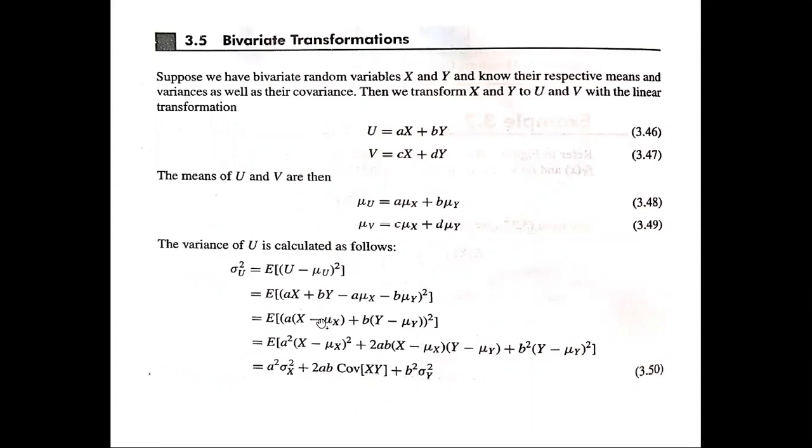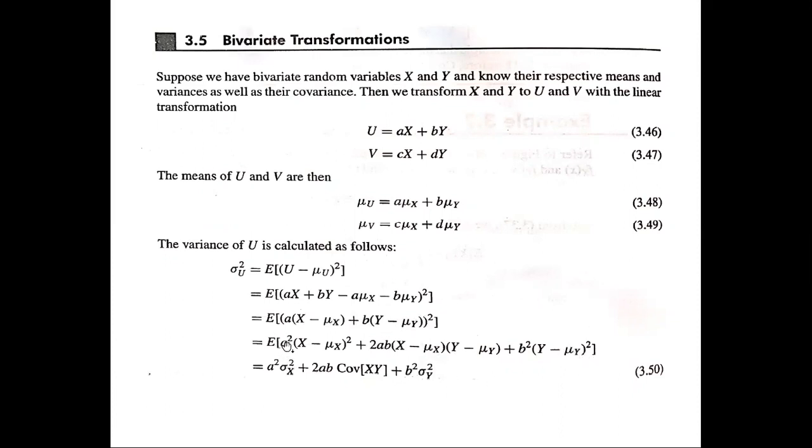So a squared will be this quantity squared, which will be a squared x minus mu x whole squared. Then the quantity 2ab, 2 into this, will be 2ab x minus mu x into y minus mu y. Then this quantity squared will give us the b squared y minus mu y squared.